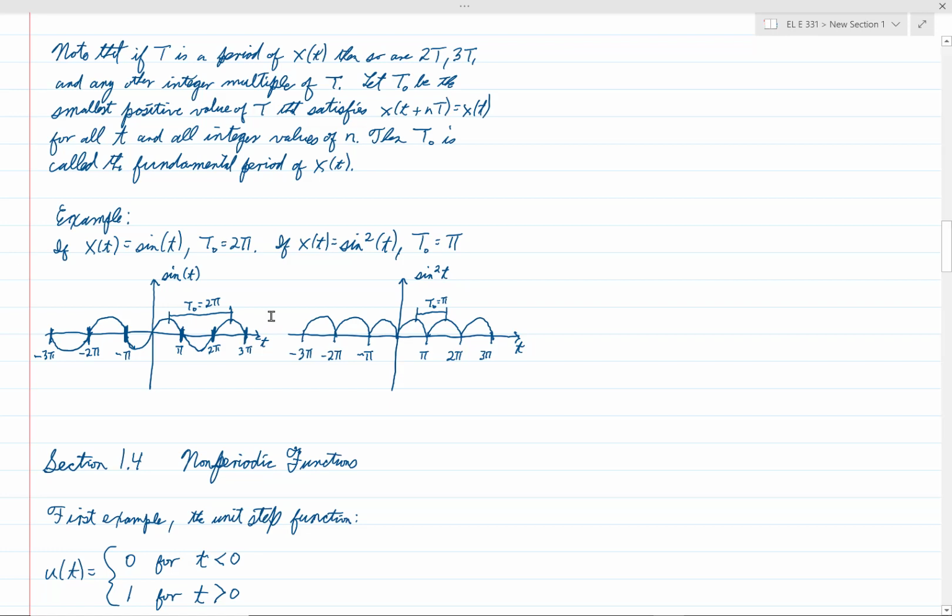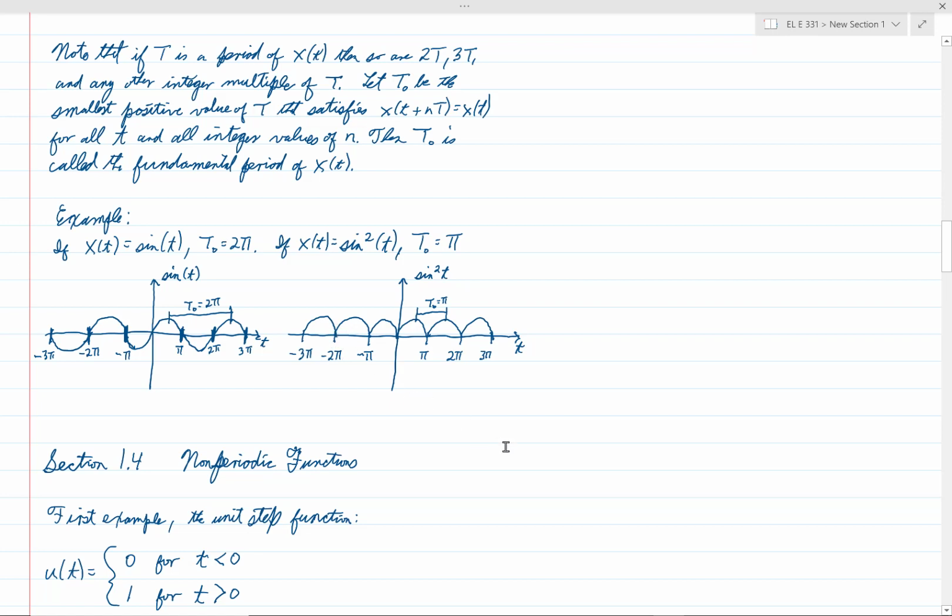However, sine squared of t, when we square this function, all those negative portions come up above the axis, and so sine squared of t looks like this. Now that graph is not a perfect graph, because actually we shouldn't have these sharp corners.